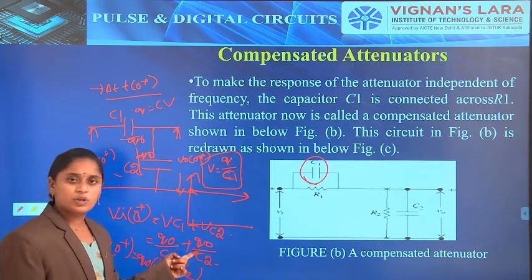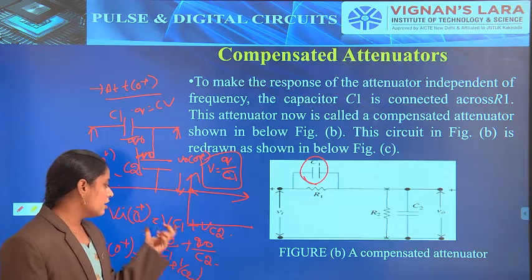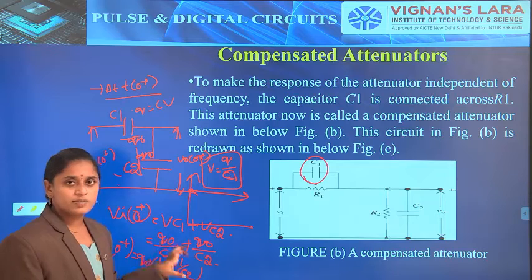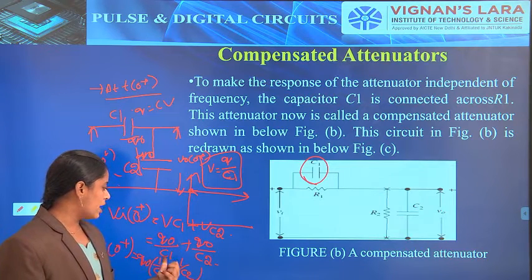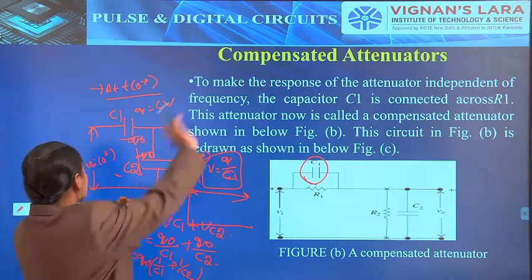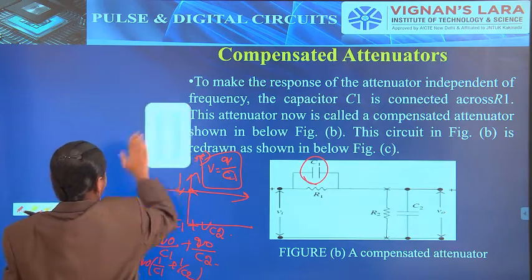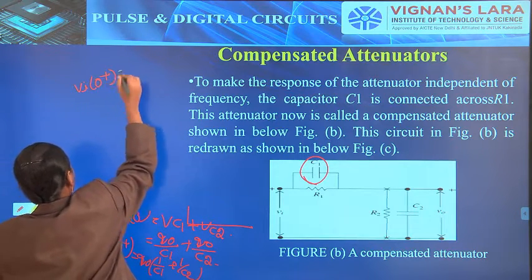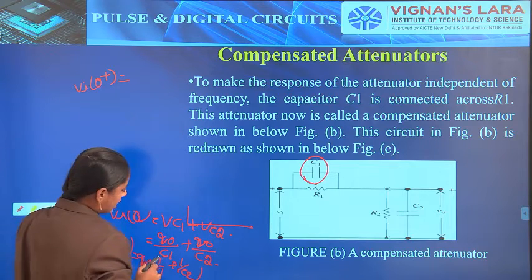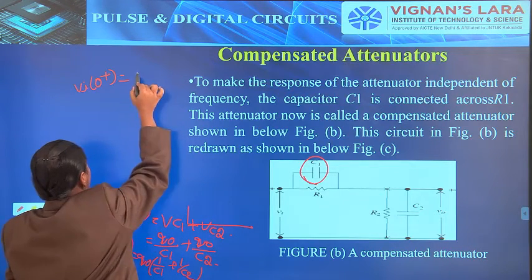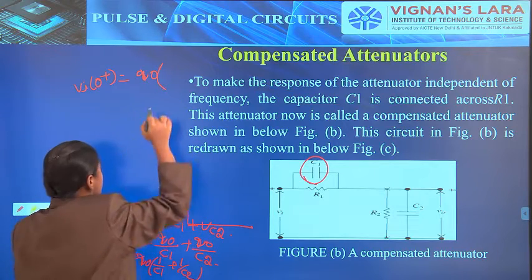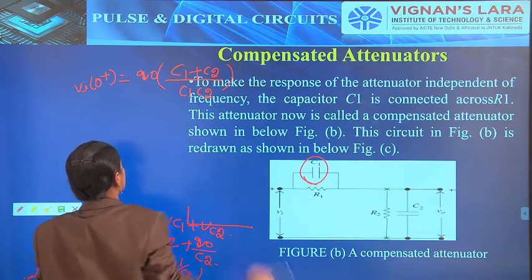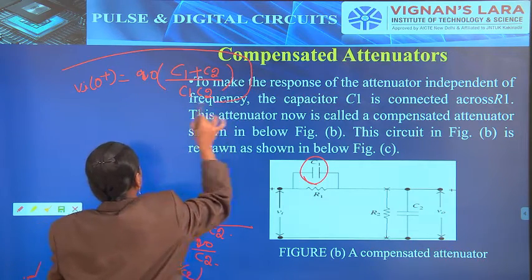Applying Q0 by C1 and Q0 by C2, since Q is equal to CV, so V is Q by C. Substituting the values, Vi of 0 plus is equal to Q0 times 1 by C1 plus 1 by C2, which is Q0 times C1 plus C2 over C1 C2. So this is Vi of 0 plus.